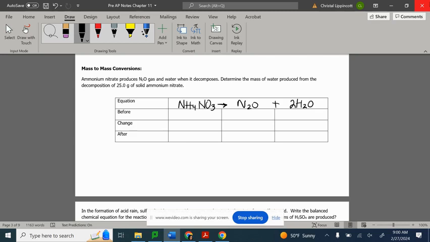Okay. All right. So here we are starting out with grams. So we can't put grams in this table. We have to have this in moles. There's only moles in the holes. Okay. So I'm going to divide this by its molecular mass.